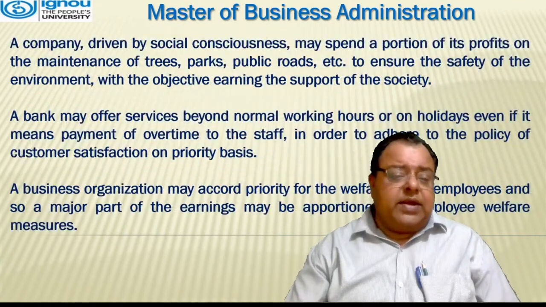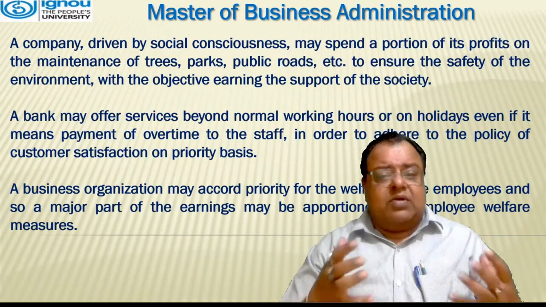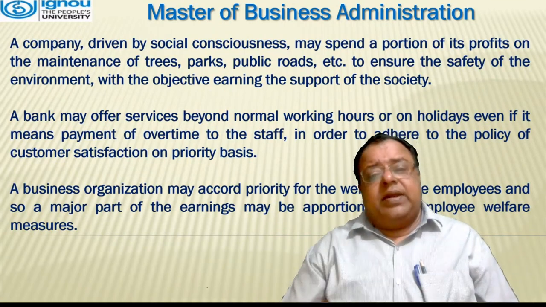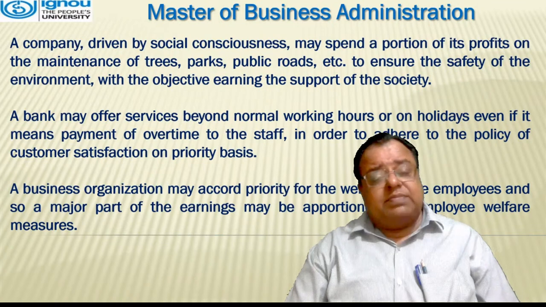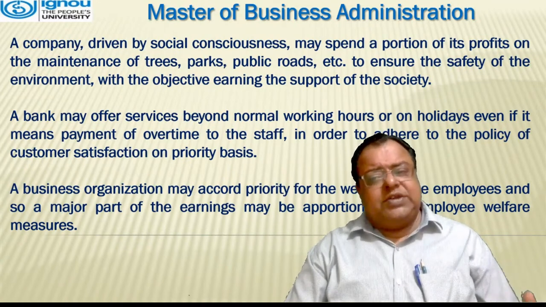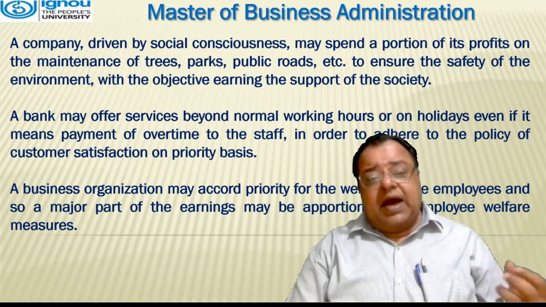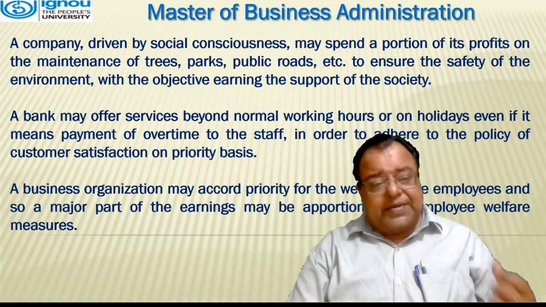A company driven by social consciousness may spend a portion of its profit on the maintenance of trees, parks, public roads, etc., to ensure the safety of the environment, with the objective of earning the support of society.